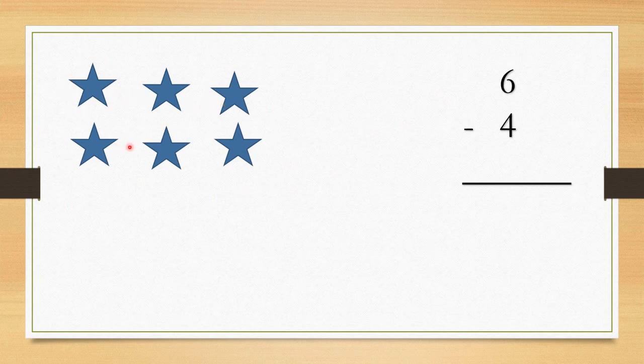Then take away 4. 1, 2, 3, 4. Then how many remaining? 1 and 2. So there are 2. 6 minus 4 is equal to 2.